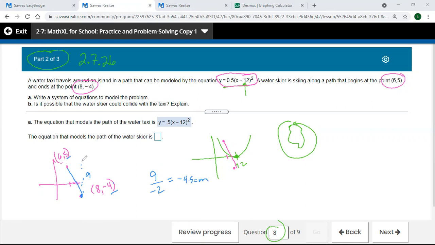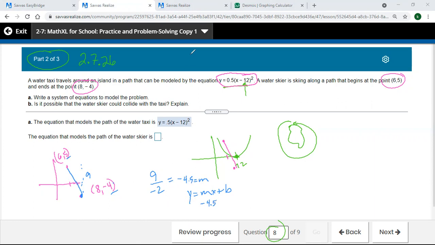I don't know what my y-intercept is going to be though. So we have this y equals mx plus b. I know this slope now of -4.5, and I'm going to take the point 6, 5 and put it in.